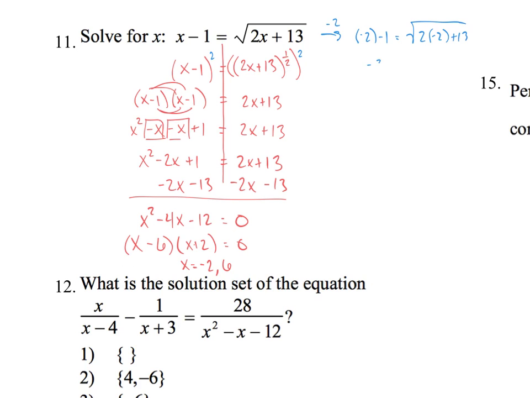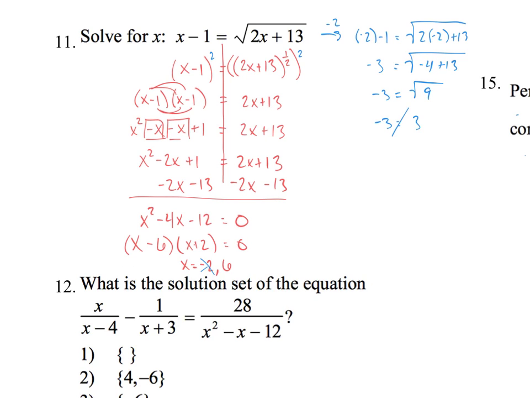Negative 2 minus 1 is negative 3, so we're going to have that over there. And then we have the square root of negative 4 plus 13. So we have negative 3 equals the square root of 9. 3 equals negative 3. Nope. Negative 2 is out. It's extraneous.